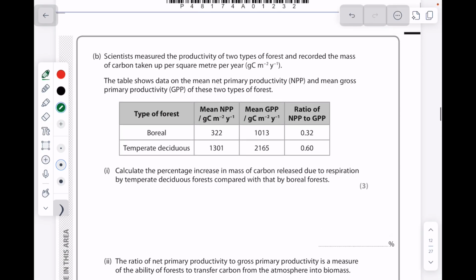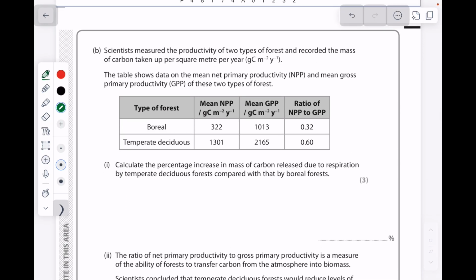All right. Scientists measured the productivity of two types of forest and recorded the mass productivity. So more topic 5 stuff. Productivity corresponds to photosynthesis and the rate of incorporating carbon into biological molecules.